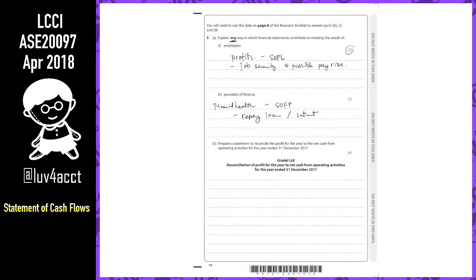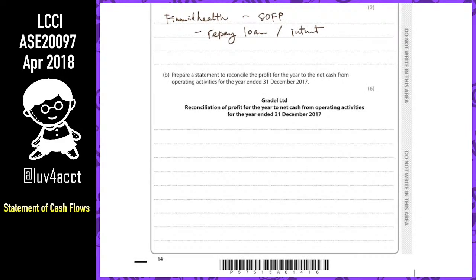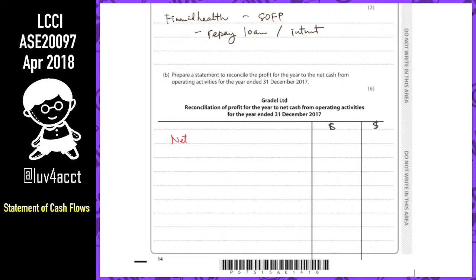So the reconciliation. Net loss for the year, and then add depreciation, add disposal loss.